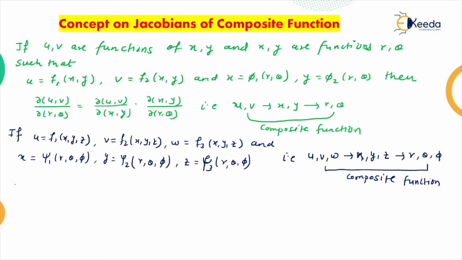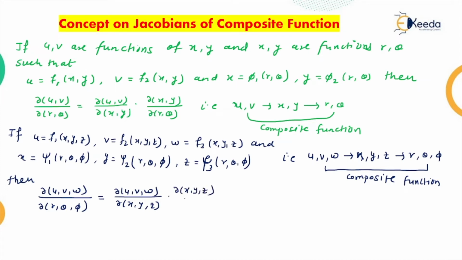Then the Jacobian of u, v, w with respect to r, theta and phi is equal to the Jacobian of u, v, w with respect to x, y, z, since they are functions of x, y, z, times the Jacobian of x, y, z with respect to r, theta, phi, since x, y, z are functions of r, theta, phi.